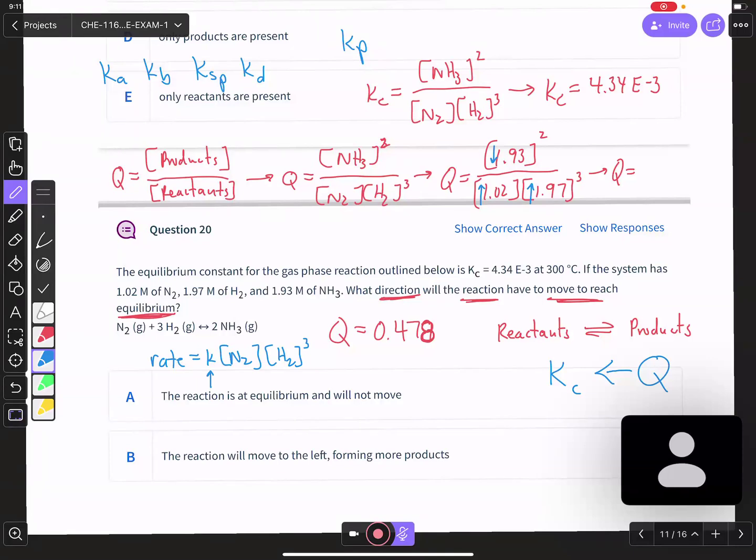So our rate constant k has units. Our equilibrium K is a capital K, even though I didn't do a good job of drawing it as a capital K in all these cases. This is unitless.